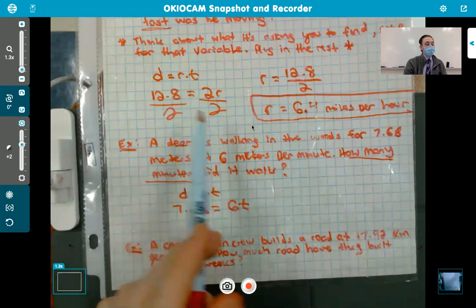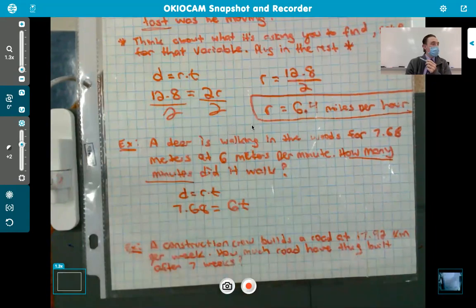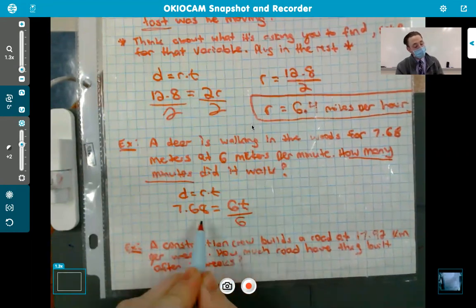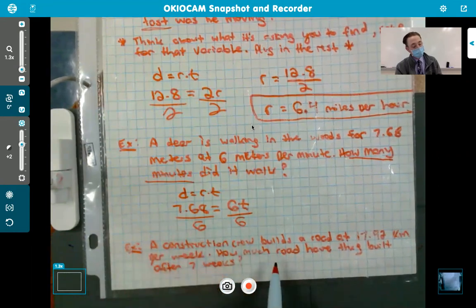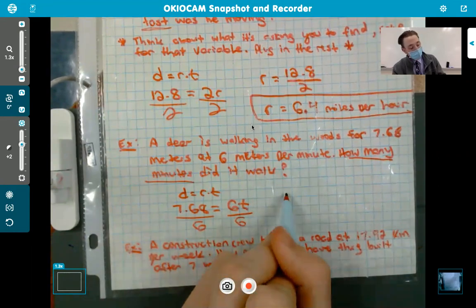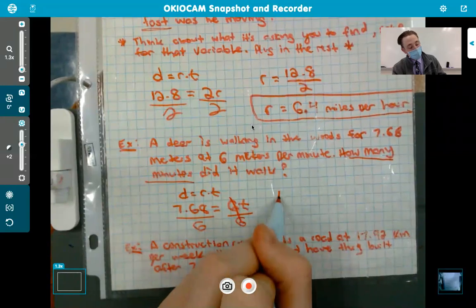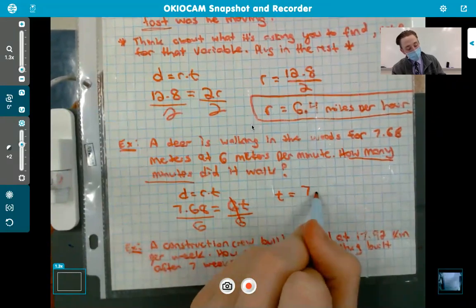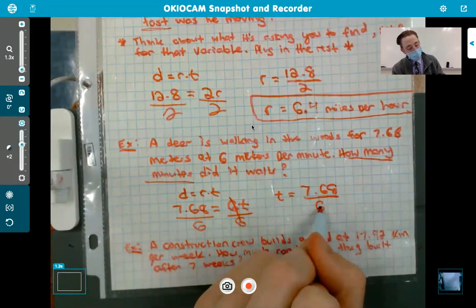Just like in the example before, how do I solve for time? What do I have to do on both sides? What's that? You have to divide, right? I have to divide both sides by 6. So these 6's will cancel. I'm left with T is equal to 7.68 divided by 6.